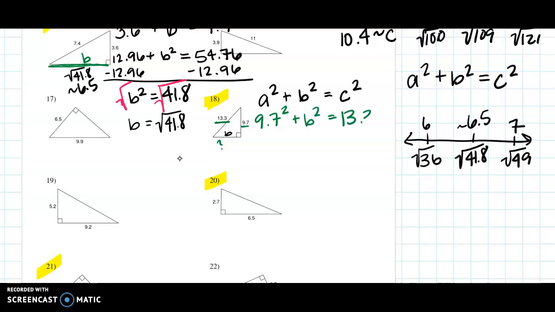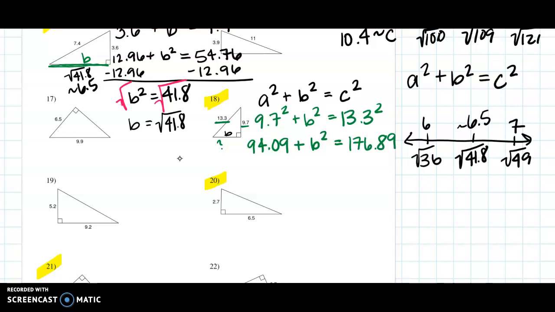So 13.3 squared. 9.7 times 9.7 is 94.09. Plus b squared, we don't know what it is yet. And 13.3 squared is 176.89.